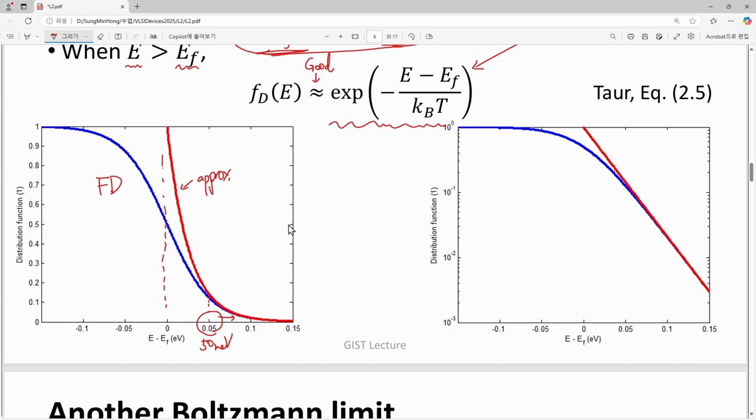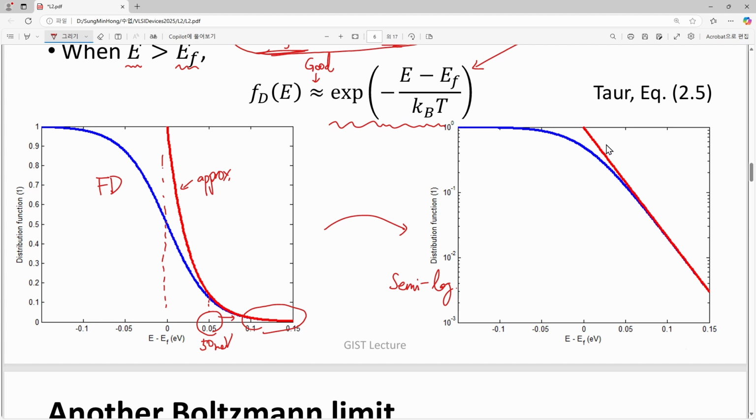Maybe you can ask me this question. Both of them are so small, so it is difficult for me to decide whether that is a really good approximation or not. So in that case, please just draw your graph once again with semi-logarithmic scale. In this case, still the x-axis is the energy scale within the linear scale, but the distribution function is drawn in the logarithmic scale.